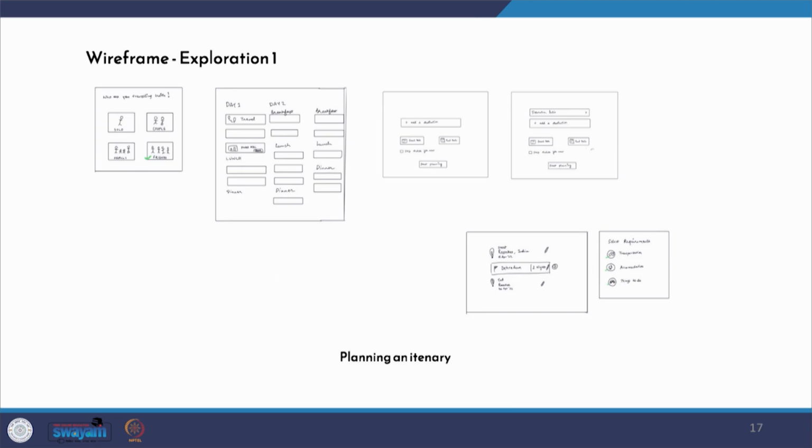So again, this is another wireframe for planning the itinerary, what the person will do on day 1, day 2, and how the website can offer this traveler an itinerary.